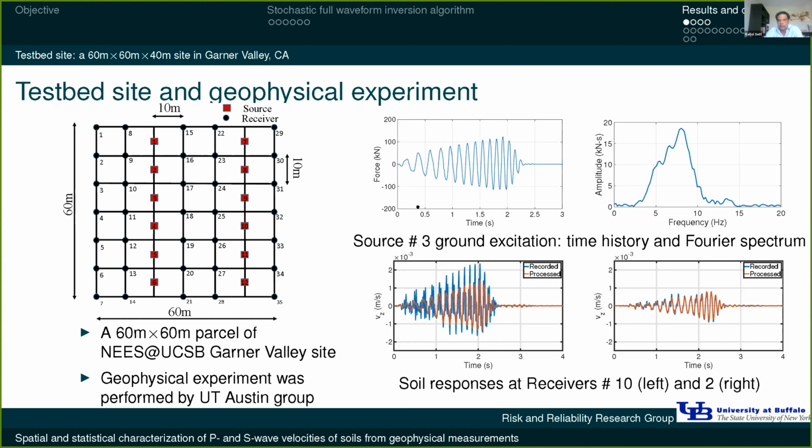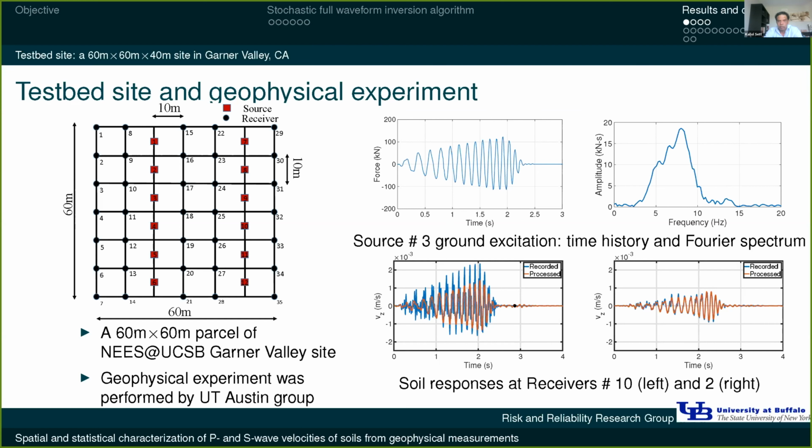Shown on the top right, for source number 3, which is here, is the ground excitation in terms of the time series and the Fourier spectrum of that ground excitation. As you can see, it was basically a sharp signal with frequency content from 2.5 hertz to around 12 hertz.